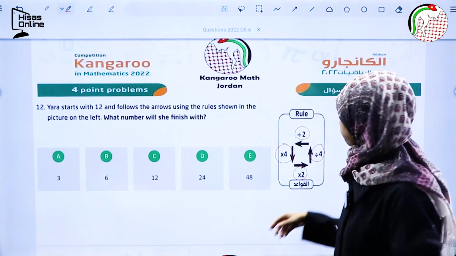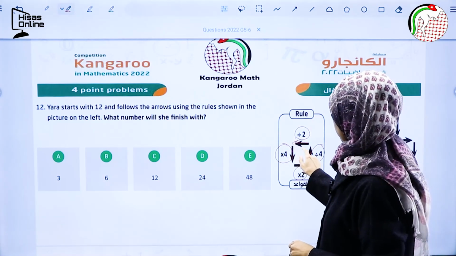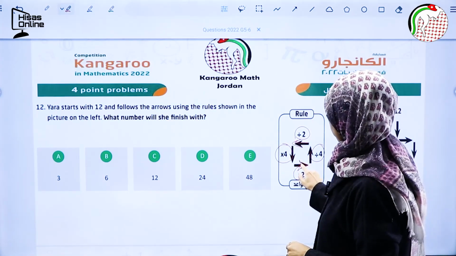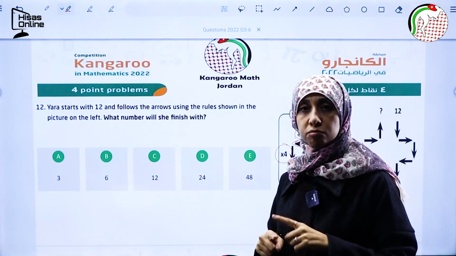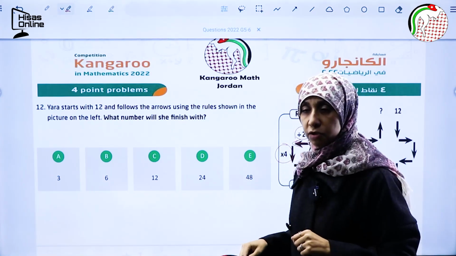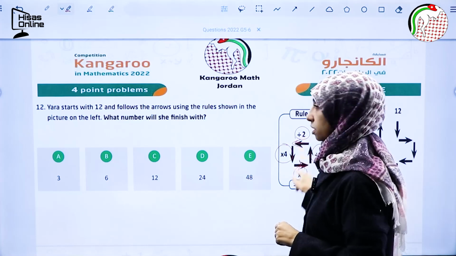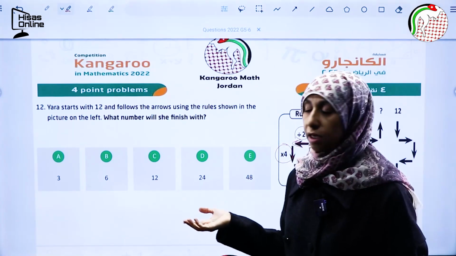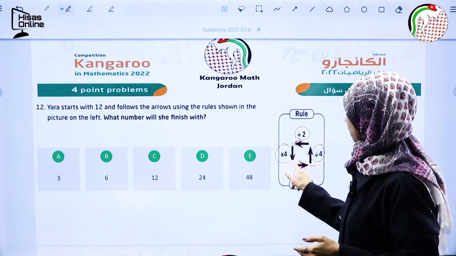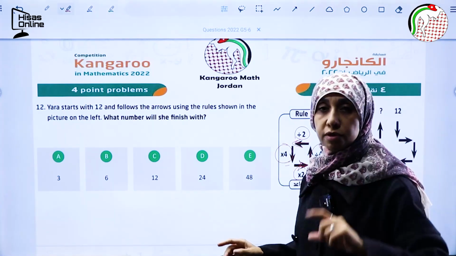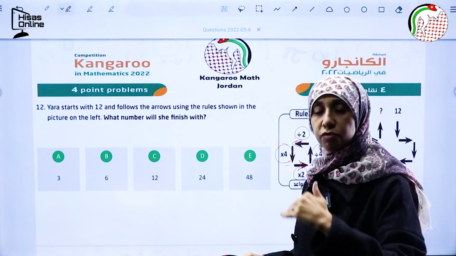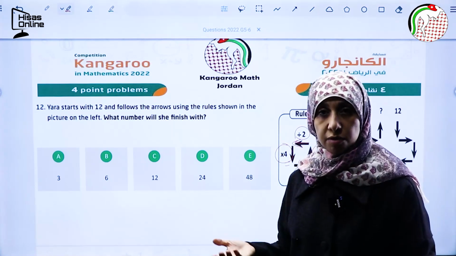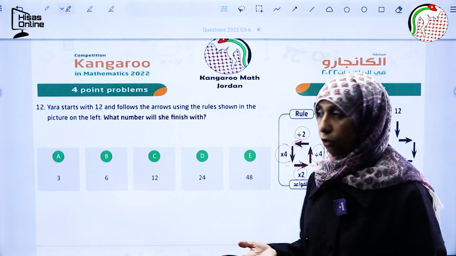That means what? If I move one step to the right and one step to the left, those are opposite effects, and the result is 0. It's the same with up and down, using the same value. Multiply by 4, divide by 4, you still have the same number, so the effect is 0.